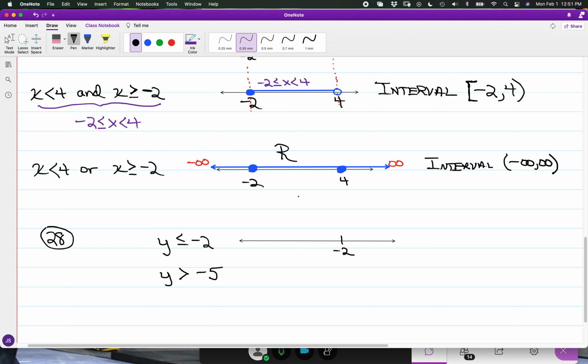Now we'll just plant -2 right here. For less than or equal to -2, equal to -2 is part of the inequality, so you have a solid point.